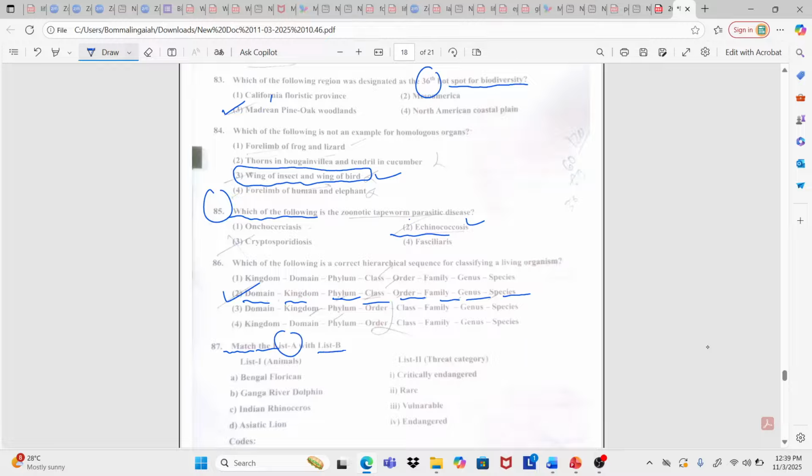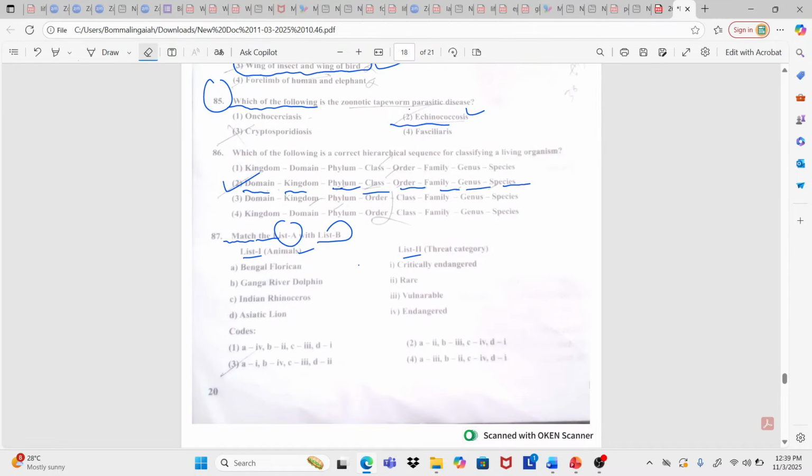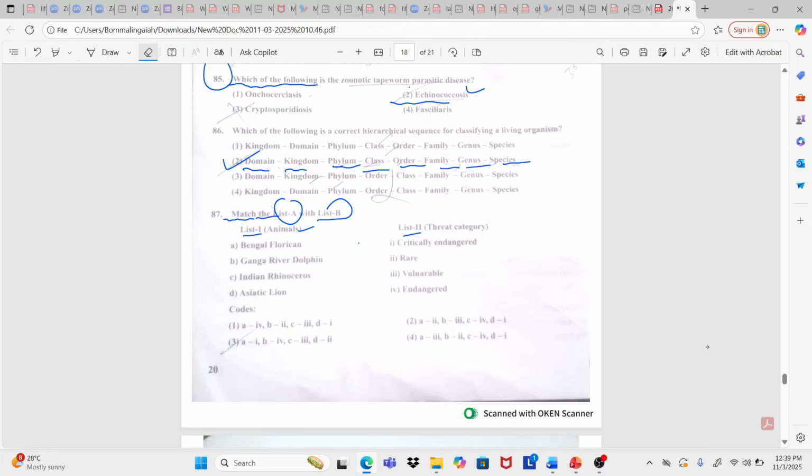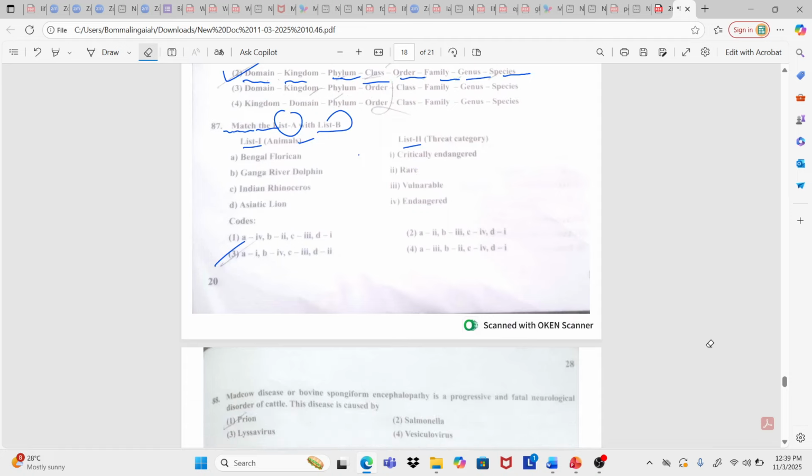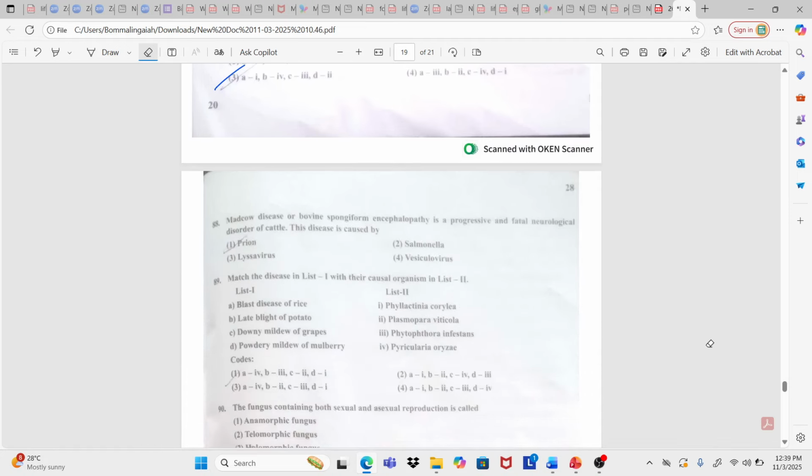List A provided and list B provided. List 1 contain animals and list 2 contains red category. The correct option this question is the correct one. Next we move on to the 88.